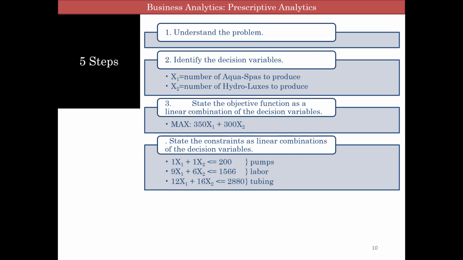The next constraint we know is that total labor hours used is less than 1566. So if you produce 1 Aquaspa, you use 9 hours, right?